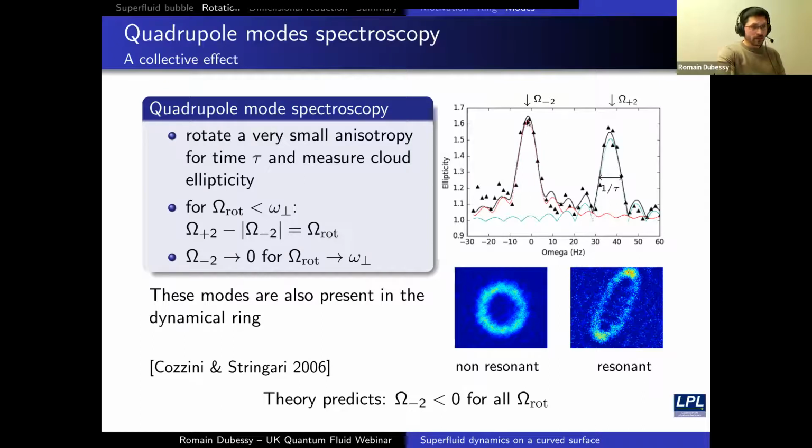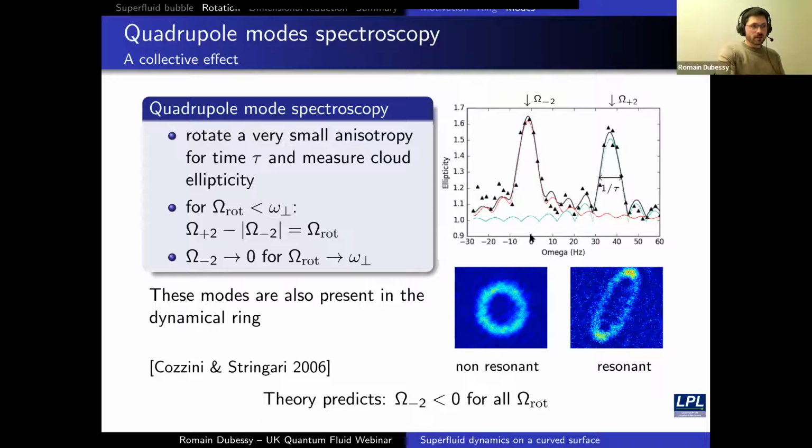One resonance is at a negative frequency and another at a positive frequency. A positive excitation frequency means that we rotate the anisotropy in the same direction as the flow, and if it's counter-rotating, it's a negative frequency.